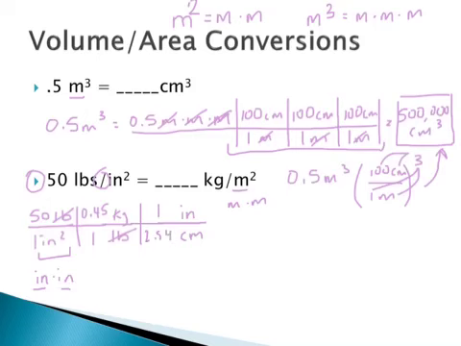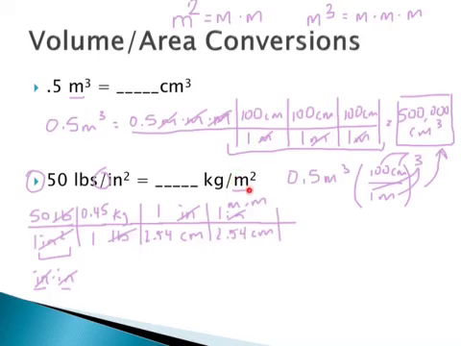That gets rid of one of the inches. I need to do that again to get rid of the other inch. So 1 inch is 2.54 centimeters. So I'm doing this process twice because I need to get rid of each one. Now if you look at your units, you are left with kilograms in the numerator. Inches squared is now gone. And I am left with centimeters times centimeters in the denominator, or centimeters squared.